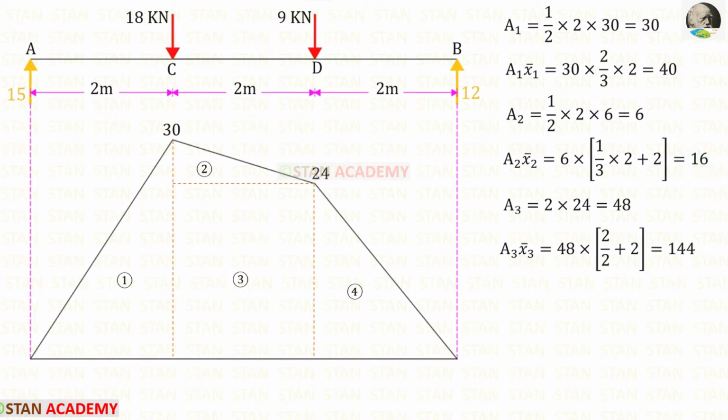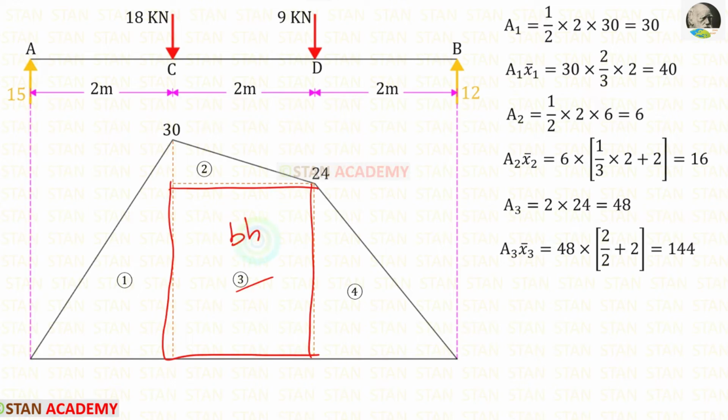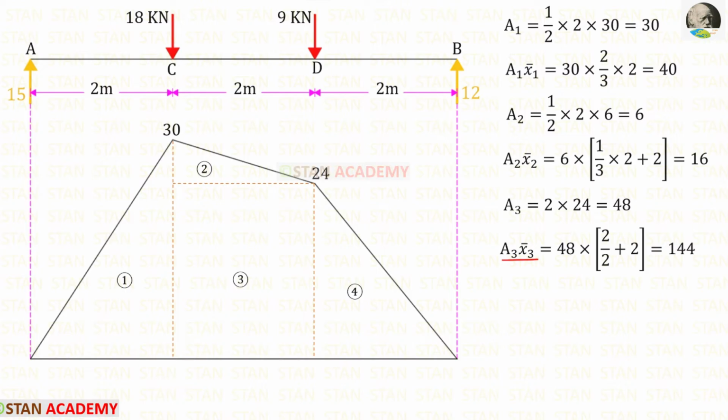Now let us take the third part. It is a rectangle. We know the formula for the area of a rectangle, B H. Here the breadth is 2 and height is 24. 2 into 24, we will get 48. Let us find area 3 x bar 3. We have found the area 48.